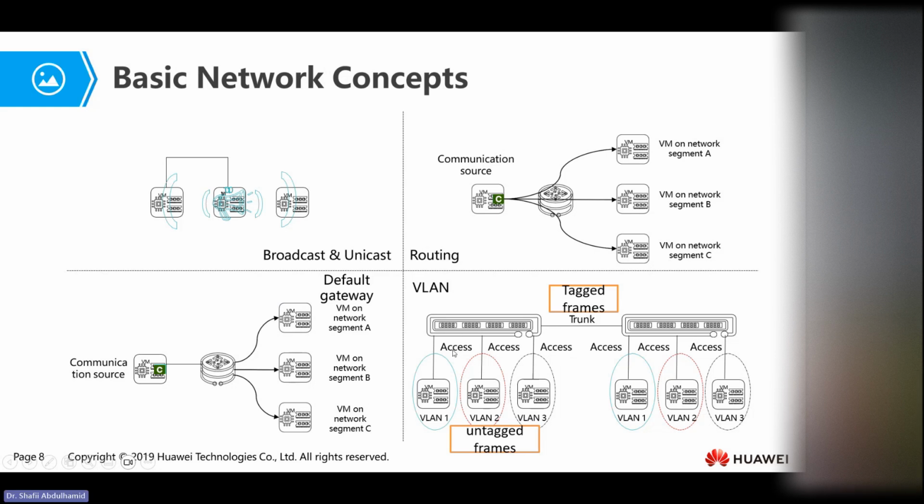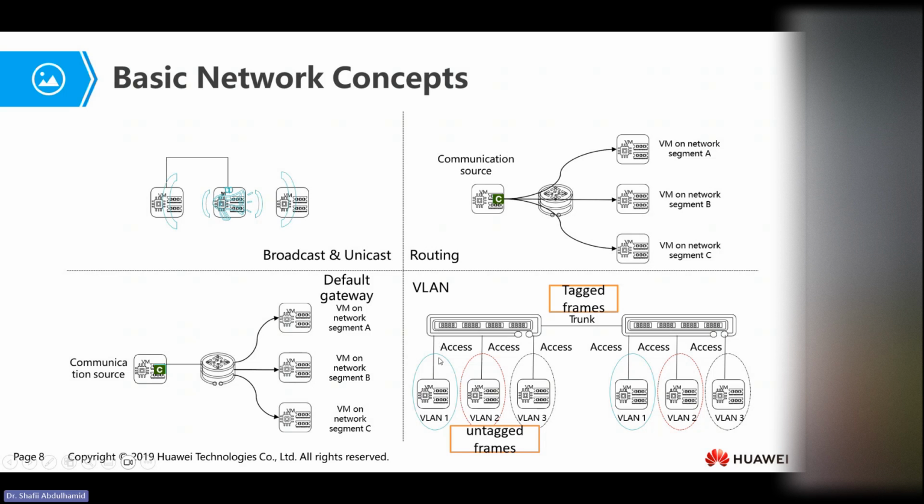So let's look at what happens. You create, let's say, a virtual LAN, and within the virtual LAN, you create your virtual machines. Then you need to have a NIC connecting your virtual machine with the physical device or the physical switch here. So let's say, for example, you have a NIC here connecting you to the switch.